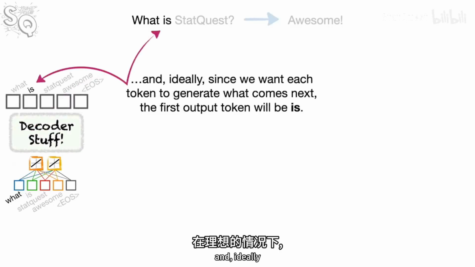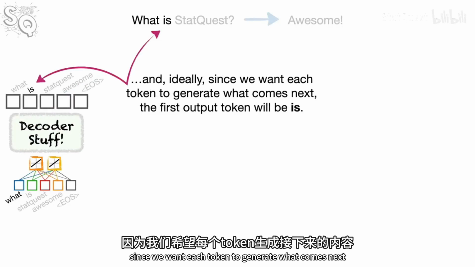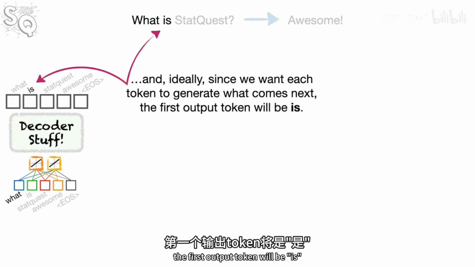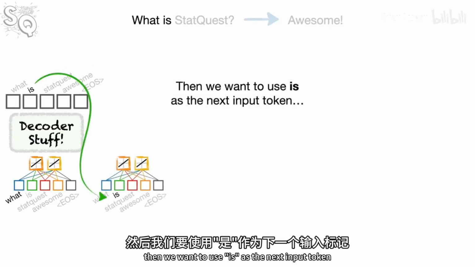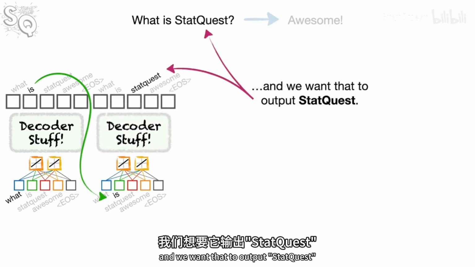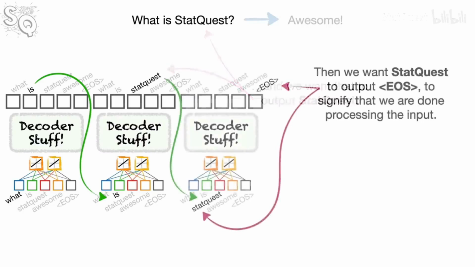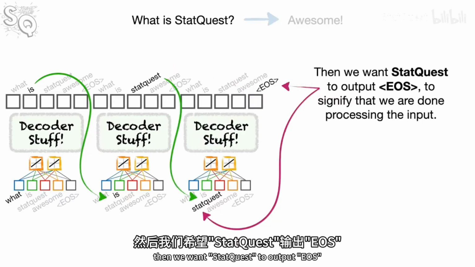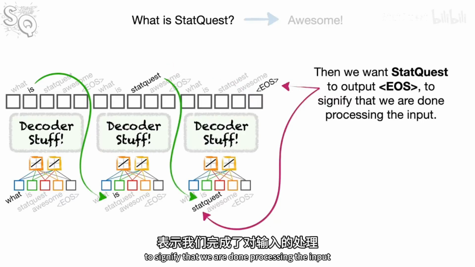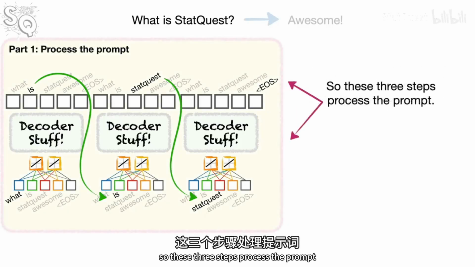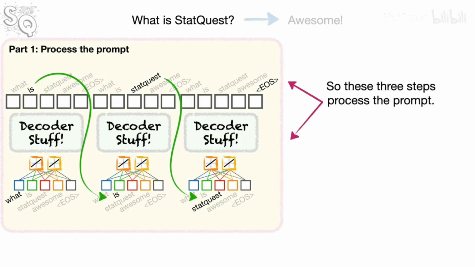And, ideally, since we want each token to generate what comes next, the first output token will be is. Then we want to use is as the next input token. And we want that to output StatQuest. Then we want StatQuest to output EOS to signify that we are done processing the input. So these three steps process the prompt.